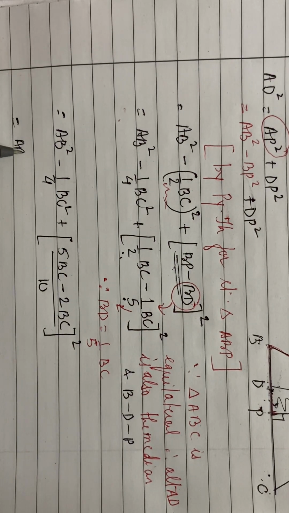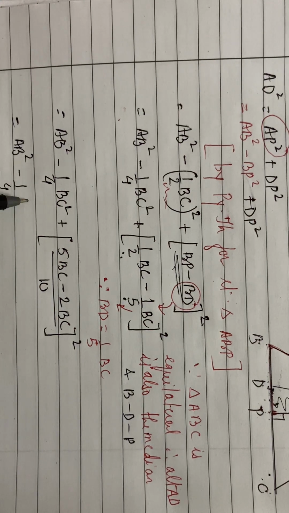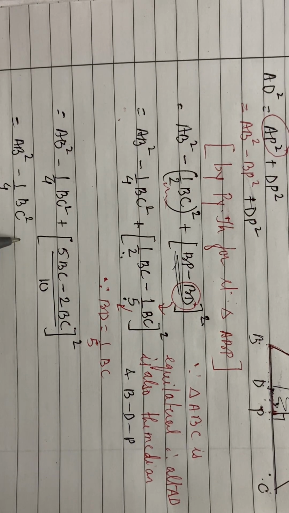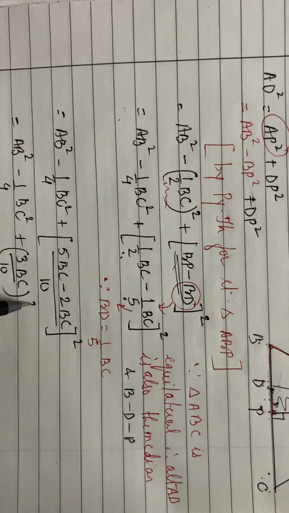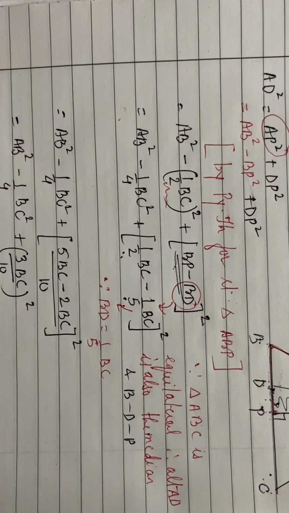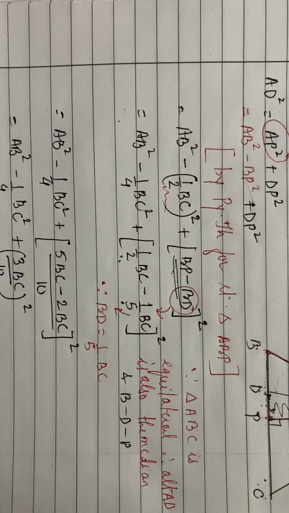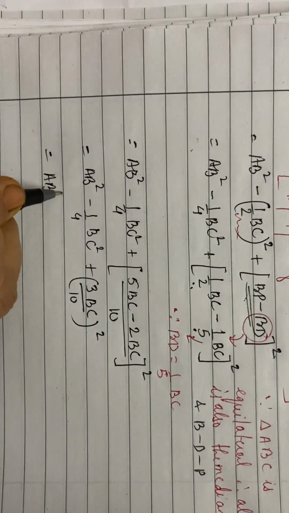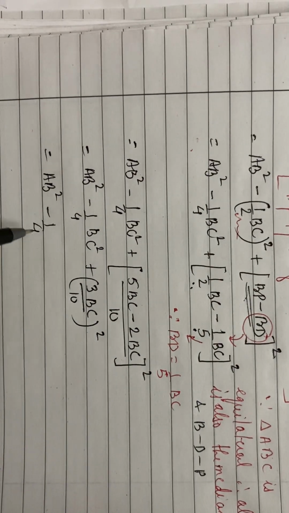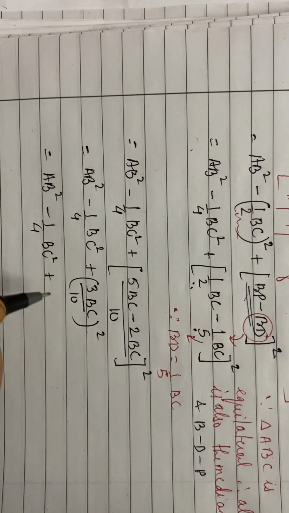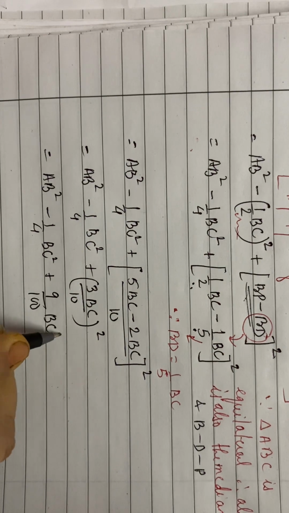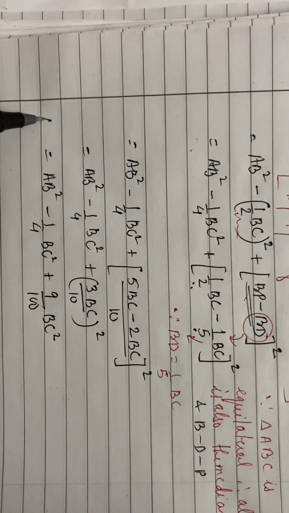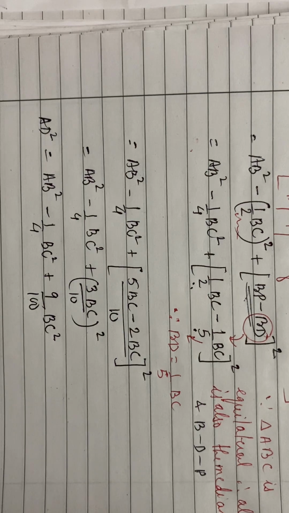So here you get AB square minus 1/4 times BC square, and here you get 3 times BC upon 10 whole square. So here you will get AB square minus 1/4 times BC square plus 3 square is 9 and 10 square is 100 BC square. What is this? This is your AD square.